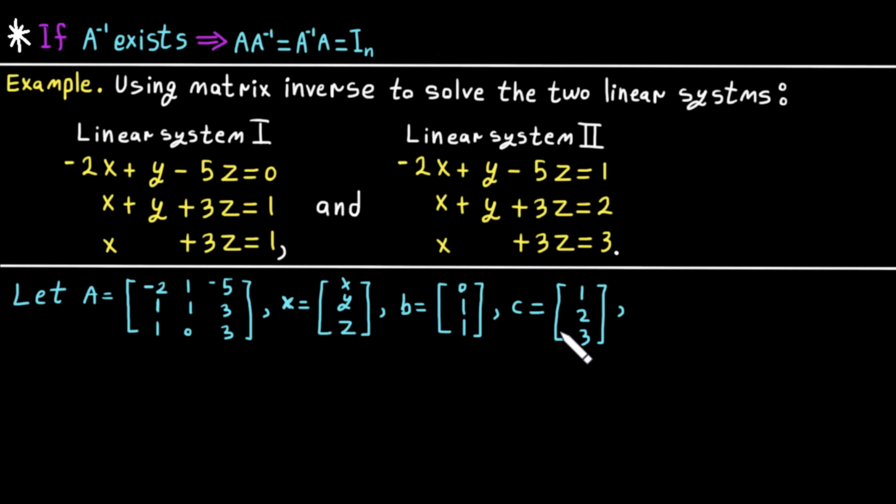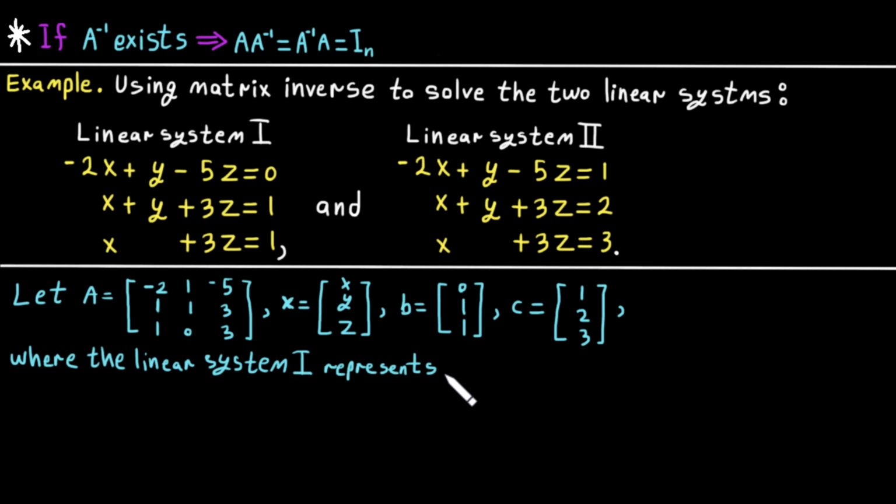So you notice the matrix inverse is the inverse of this A. Linear system 1 is represented as Ax equals b, where A is the coefficient matrix, x is x, y, z, and b is 0, 1, 1.